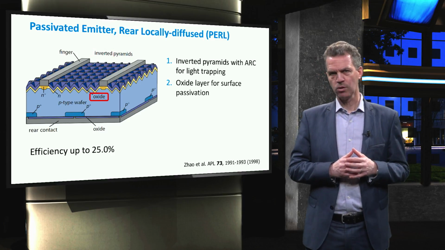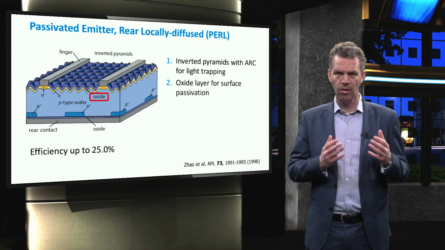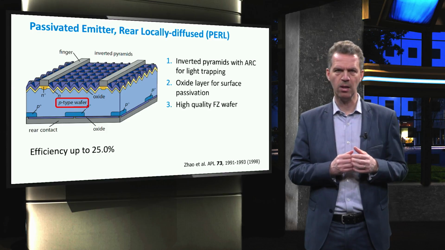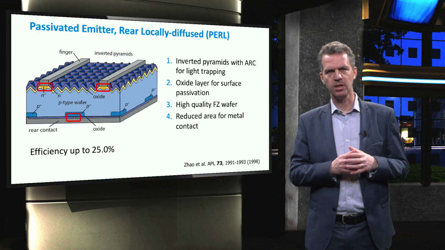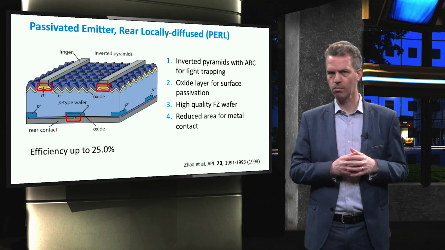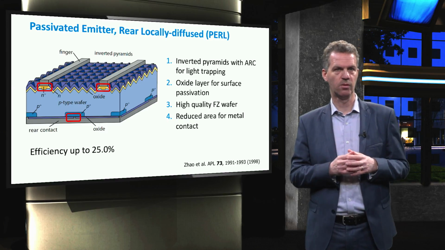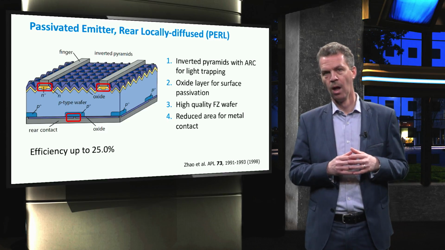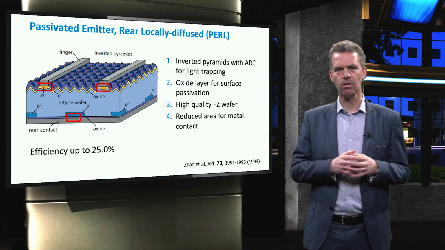Secondly, the surface of the P-type wafer is passivated with an oxide layer to reduce surface recombination. The highest purity grade float zone wafer has been used to reduce bulk recombination. And a very fine front metallization is deposited using photolithography to reduce the coverage of the front surface and thereby shading losses, leading to an increased short circuit current density. On top of that, the fine metallization grid results in an increase of the fill factor.